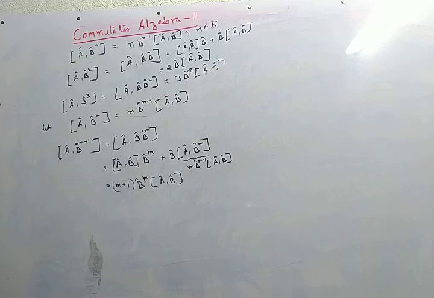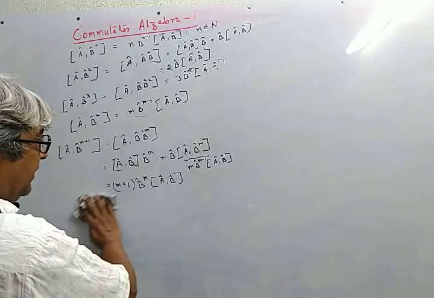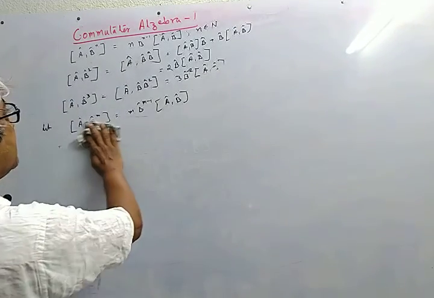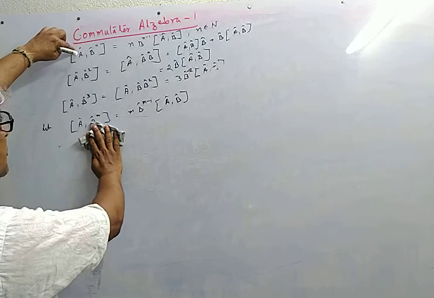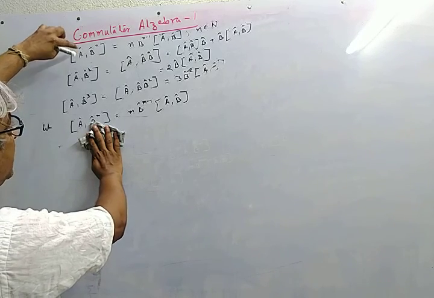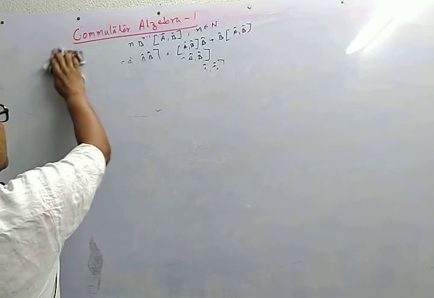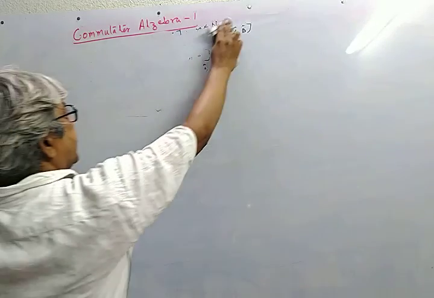Let us now come to some operators which have one very important property called the Jacobi identity. Let me remind you that this is a very important relation, which will be used every now and then in quantum mechanics.